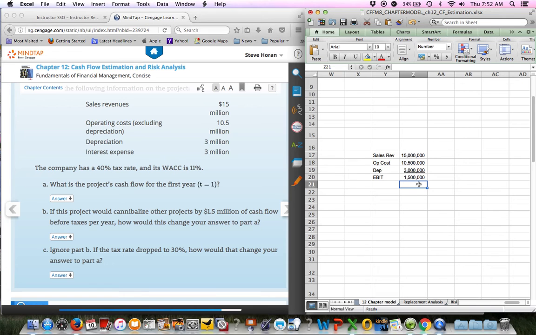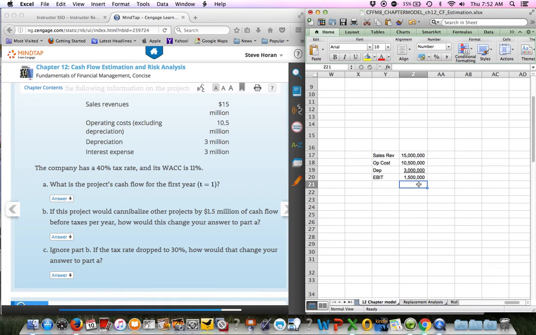The WACC is my cost of obtaining capital, wherever it comes from, whether loans, retained earnings, or issuing common or preferred stock; the average of all that is 11%. As long as I use 11% to compute a net present value, that takes the interest component into account. So I don't need to include that $3 million.